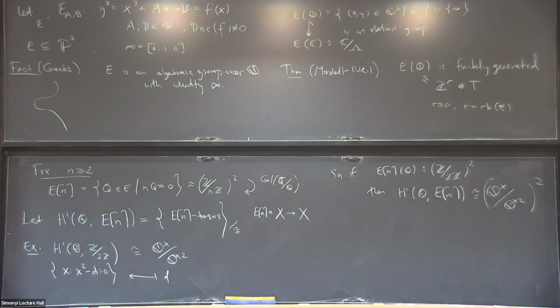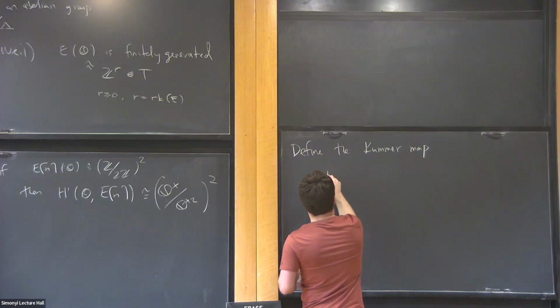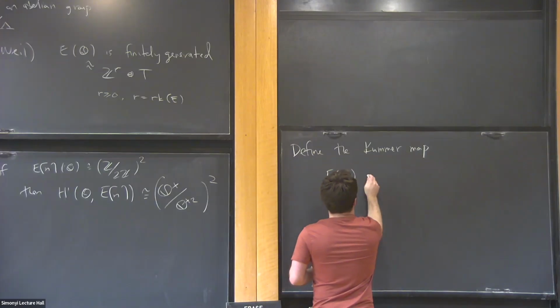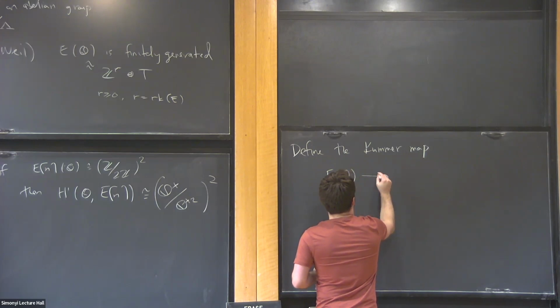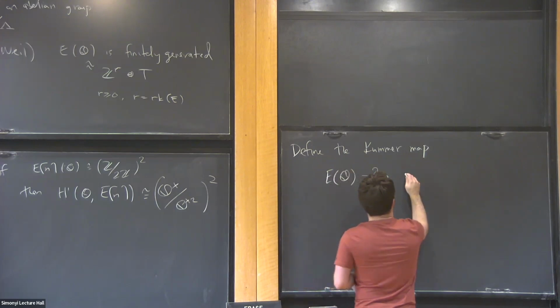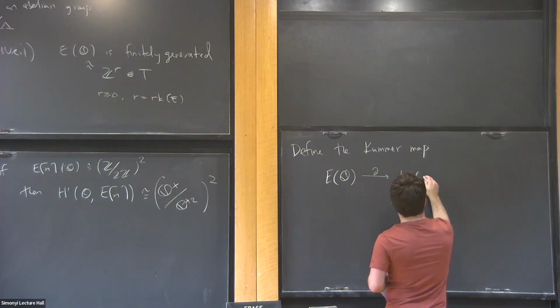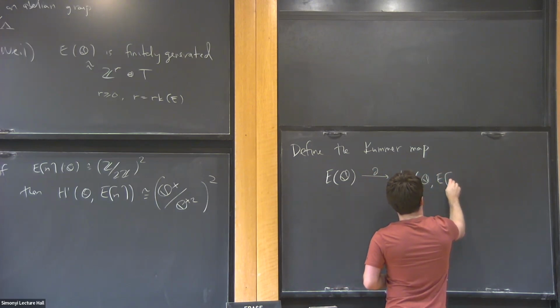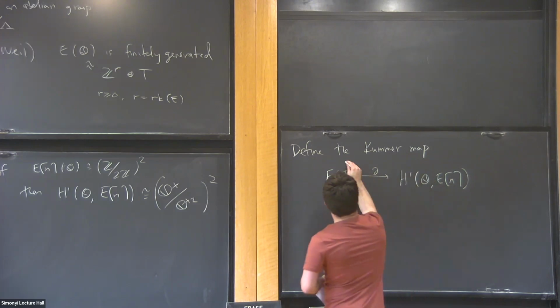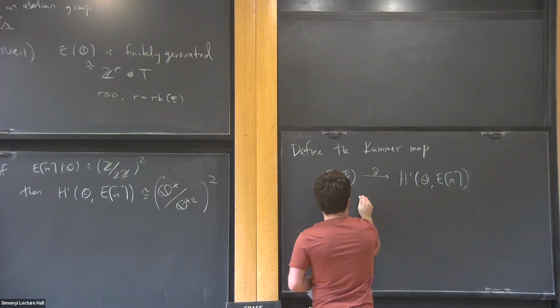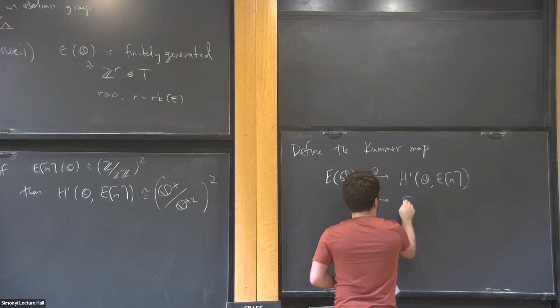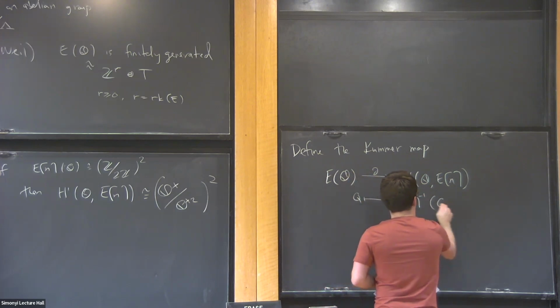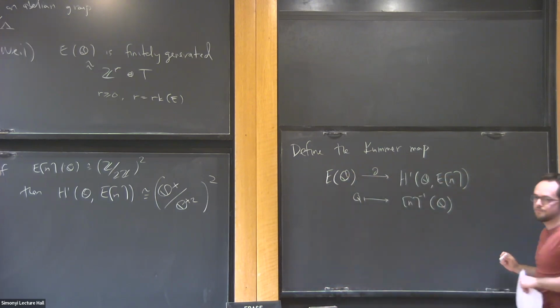Okay, and so here's the crucial definition. This is the Kummer map. This is where the geometry comes in. So we'll define this map, the Kummer map, which associates to a point an En torsor, and which En torsor it will associate to the point Q: the preimages of Q under multiplication by n.